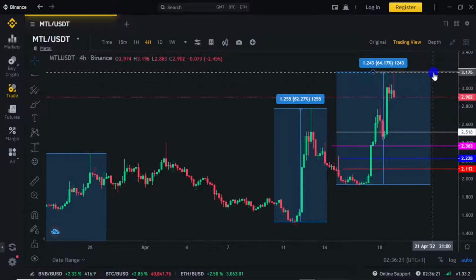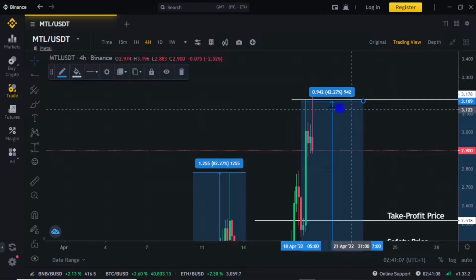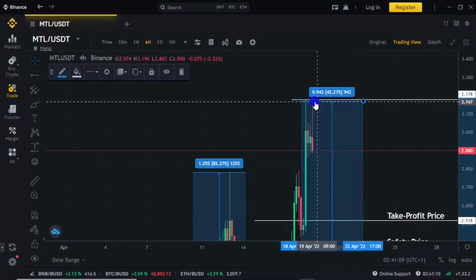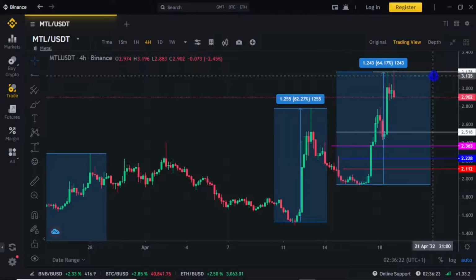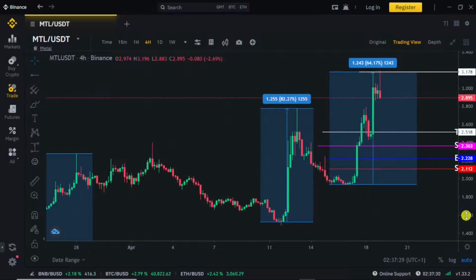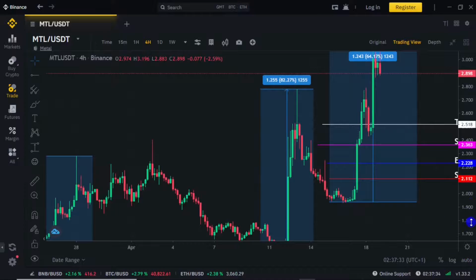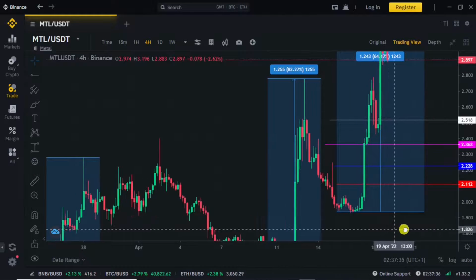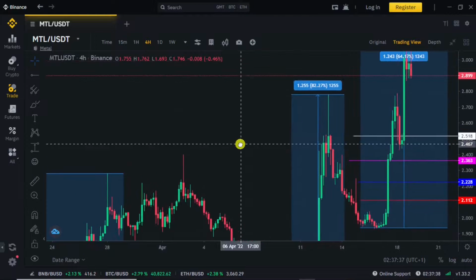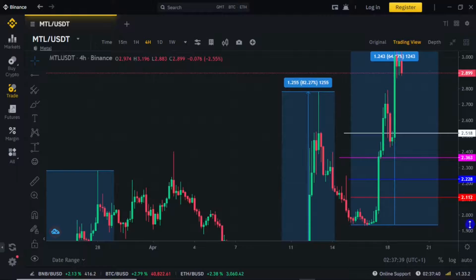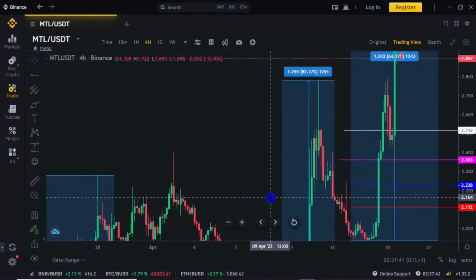And that's exactly a 42% profit. So as you can see on the candlestick price chart, your profit is approximately 42% of your trading capital. That means 42% of $1,000 will be approximately $420 worth of absolute profit.